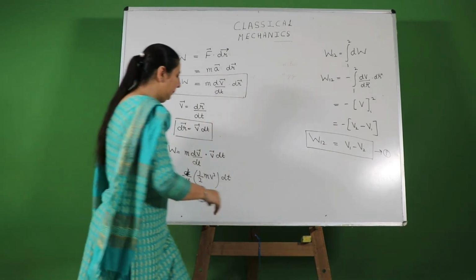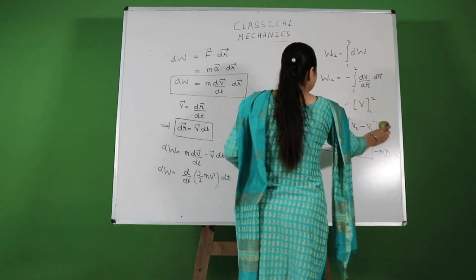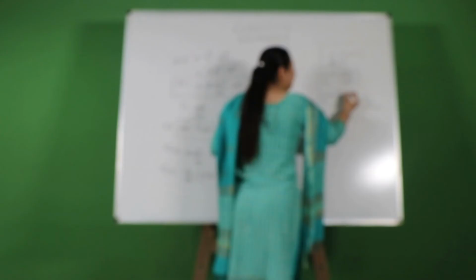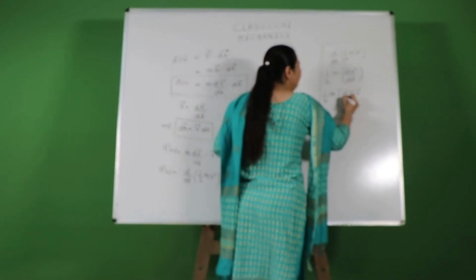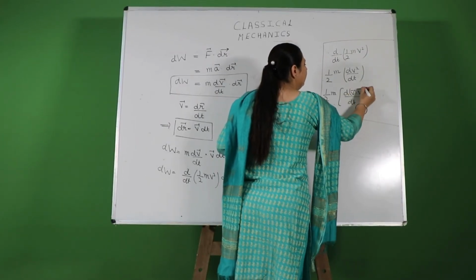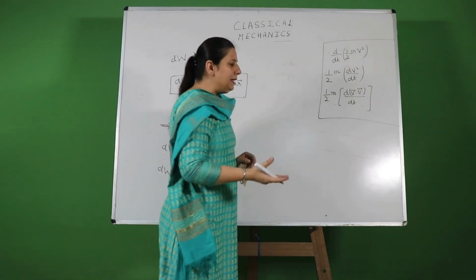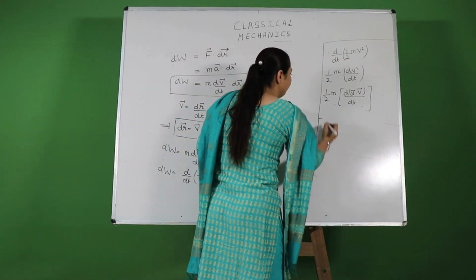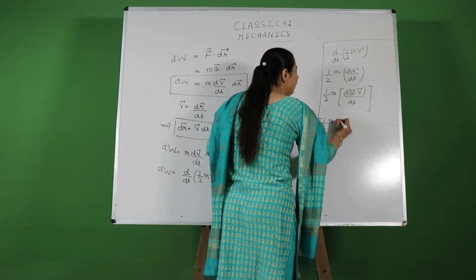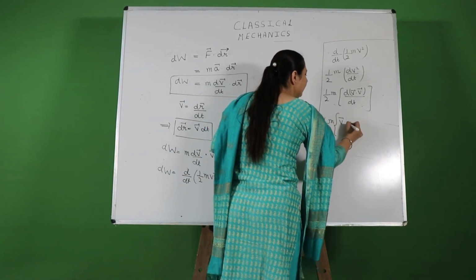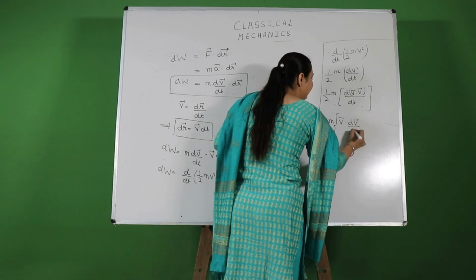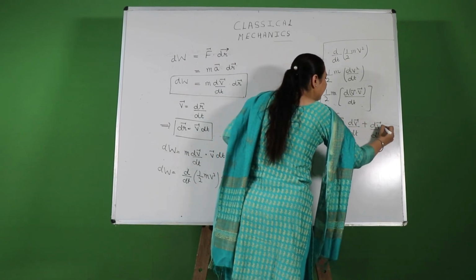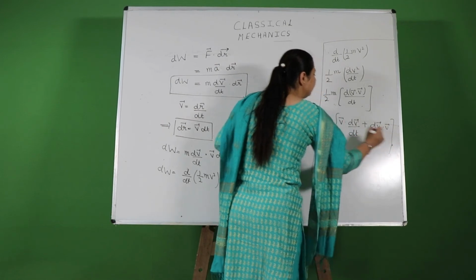We can check how I have written this equation. The v square can always be written as a dot product, v dot v. So what will this become? 1 by 2m, first function as it is into derivative of the second, plus derivative of the first into second function as it is.